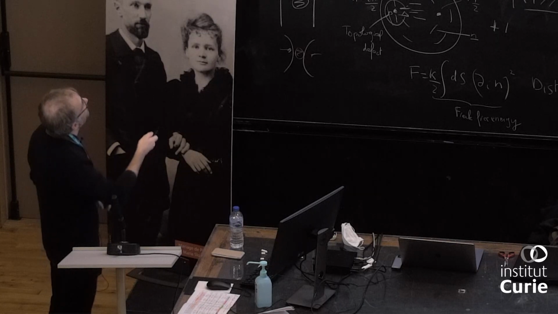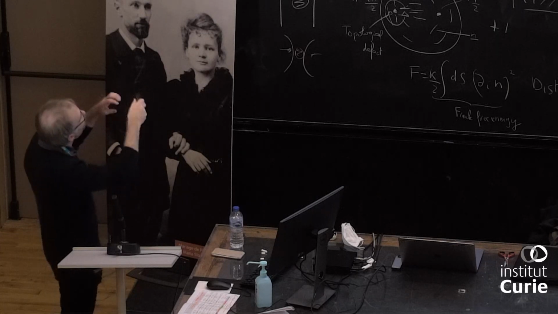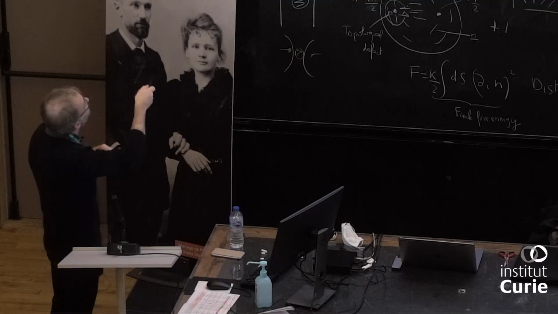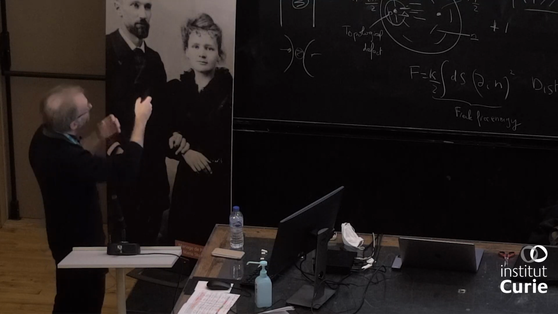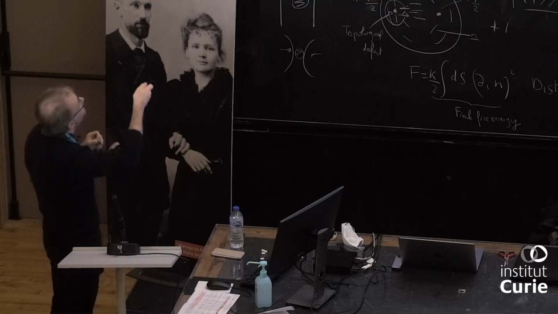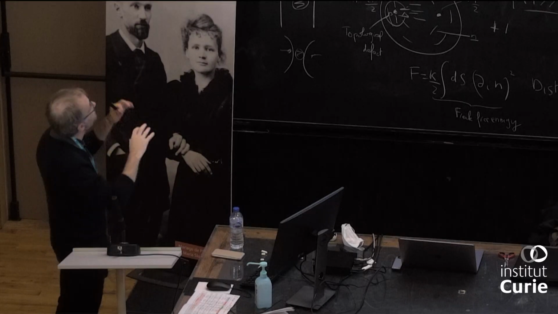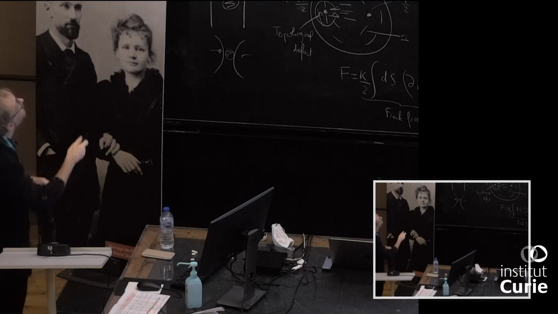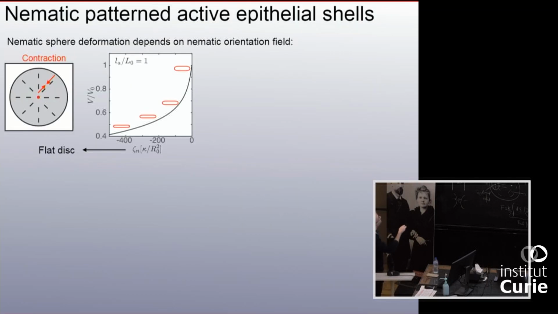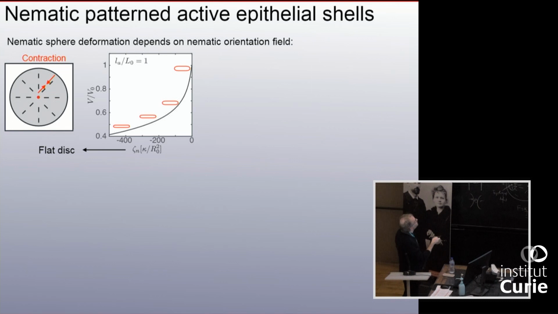This can be understood, I think, because if you look at the surface from the top, there is this radial order that emerges, and the internal tension of the system is creating a tension along these lines. To me, it makes sense intuitively that this would tend to flatten the spheres.